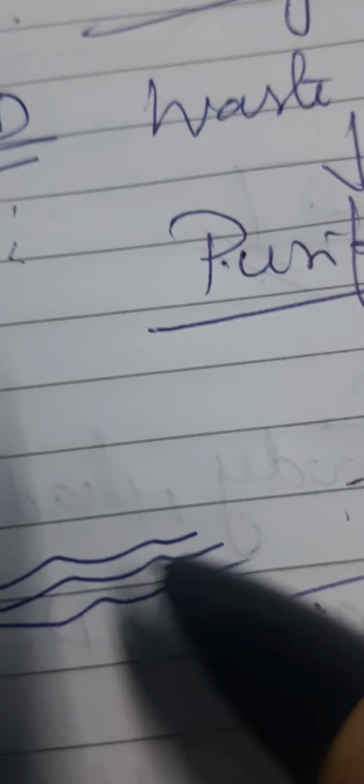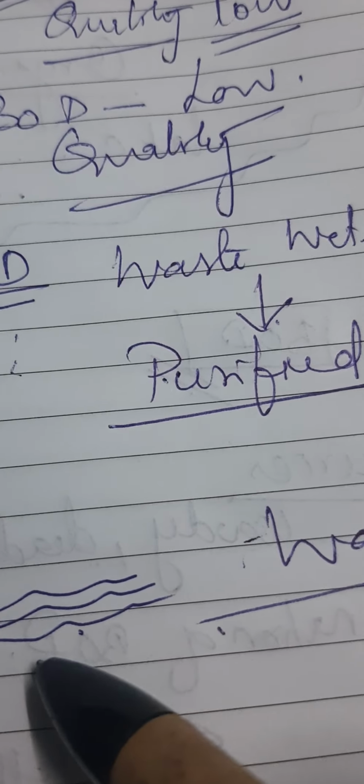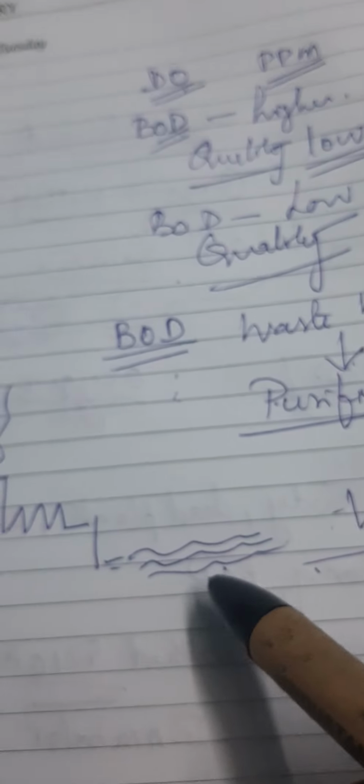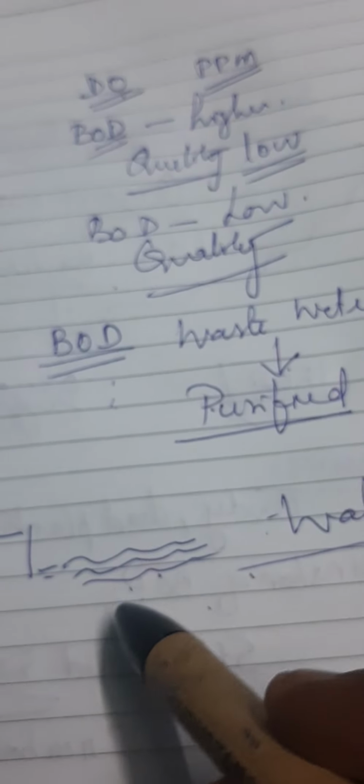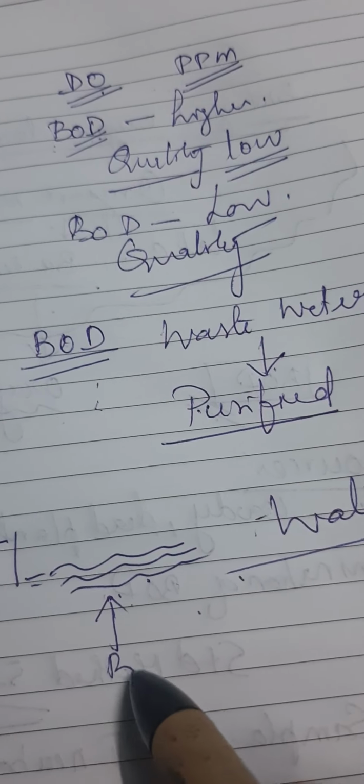Industrial effluents contain a lot of pollutants. To destroy or to remove these pollutants from the industrial waste or effluents, they should give the BOD value.